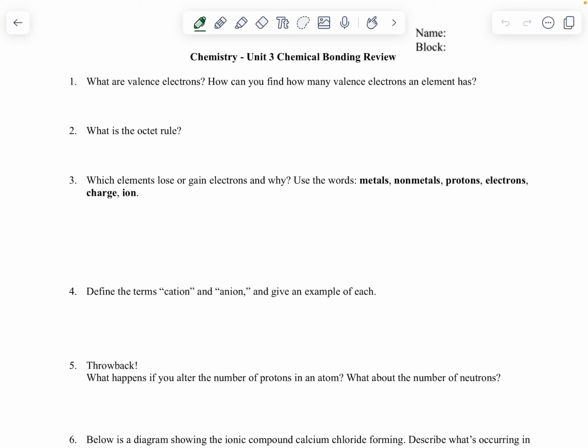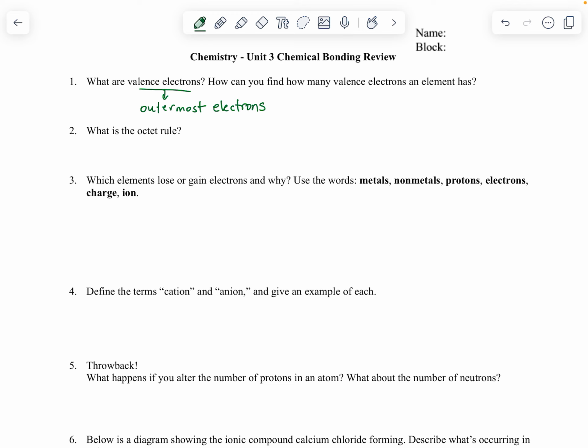So what are valence electrons? Of course, valence electrons are the outermost electrons, based on the electrons that an atom has and which ones are on the furthest shell. And how can we find how many valence electrons?